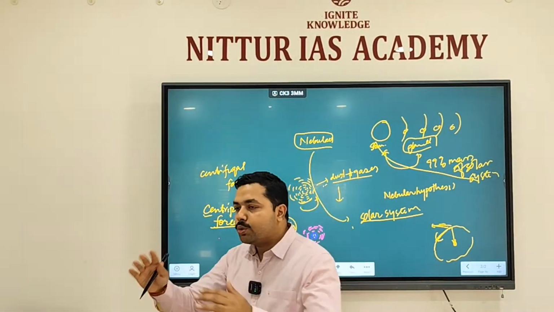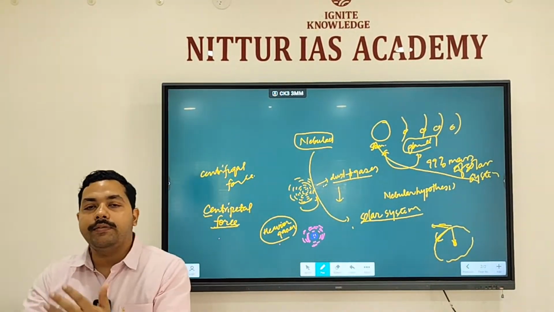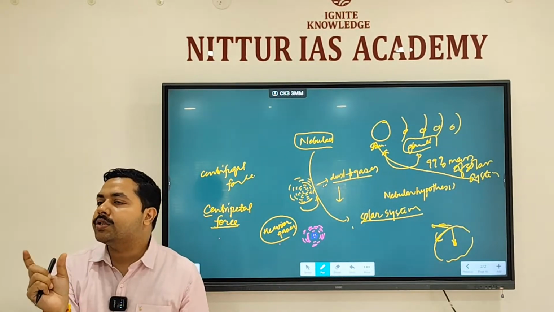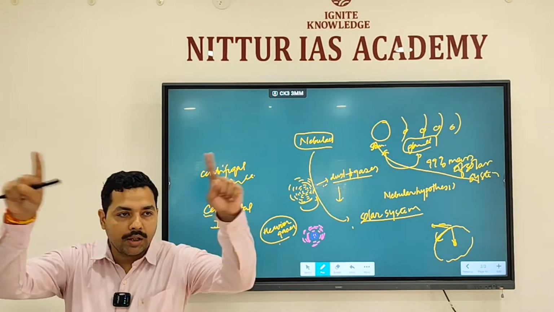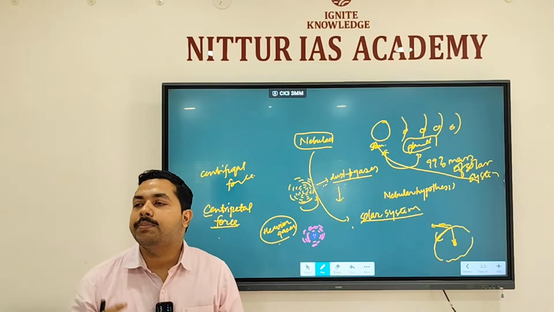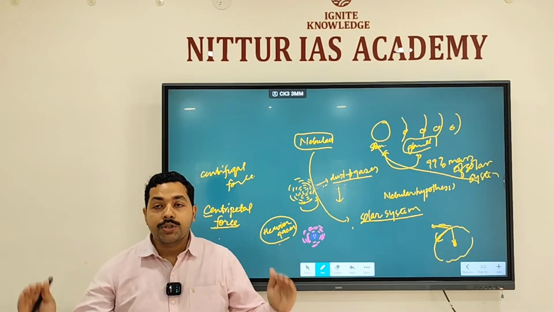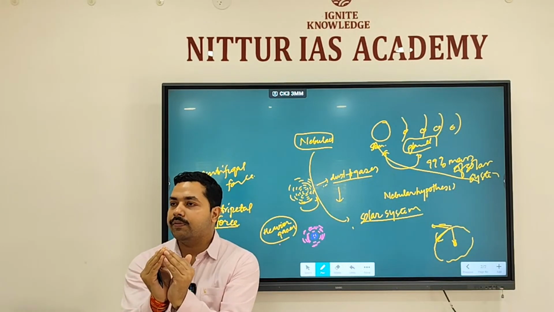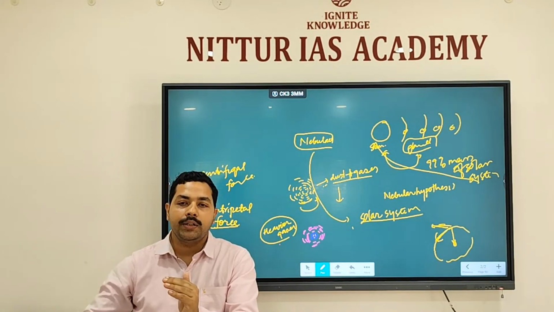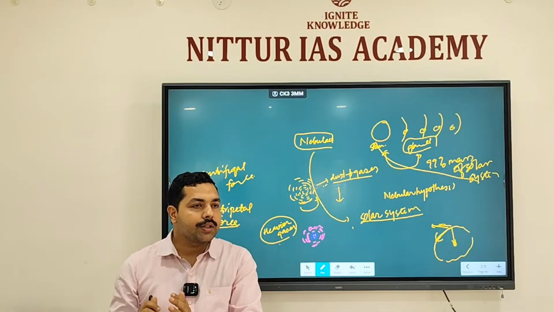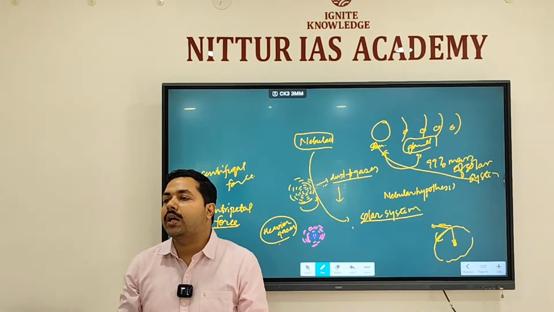Clear? So whatever mass Jupiter, Saturn, Earth, Mercury and Venus have, this constitutes only 1% of the mass of our solar system. 99% of the mass is coming from the sun. Means all the heavier elements are with the sun, and all the lighter elements are away in the form of planets.